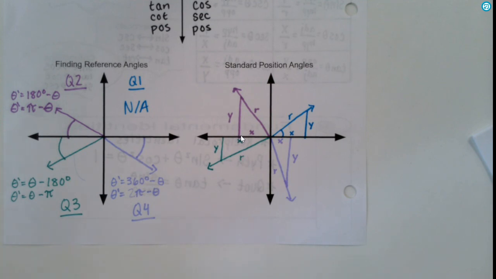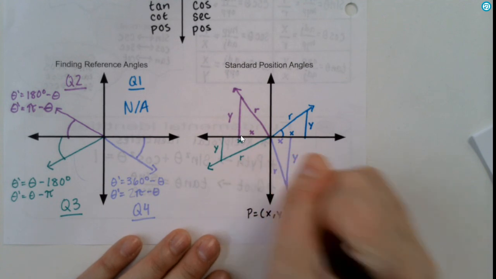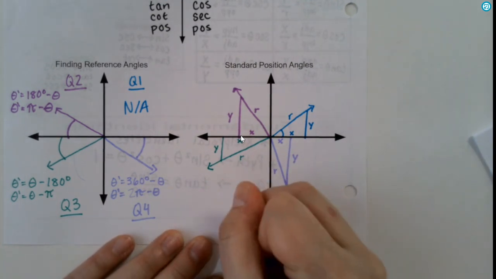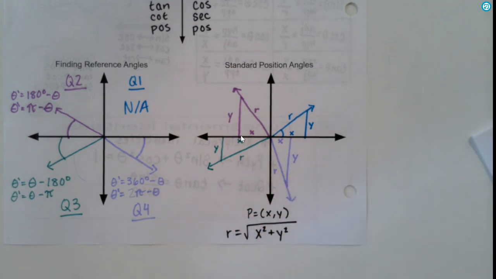For any point X comma Y, if you want to find that distance R, R is the square root of X squared plus Y squared. That's just the Pythagorean theorem.